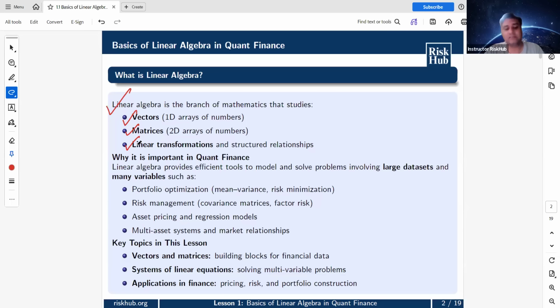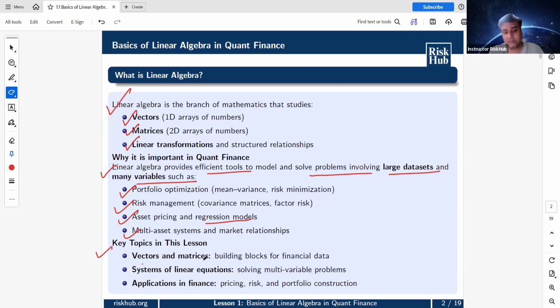It's a vector of weights multiplied by a vector or matrix of your returns and risks. That is the quant way of thinking. So linear algebra provides efficient tools to model and solve problems involving large data sets, many variables, portfolio optimization, risk management, asset pricing, regression models, multi-asset systems, and market relationships.